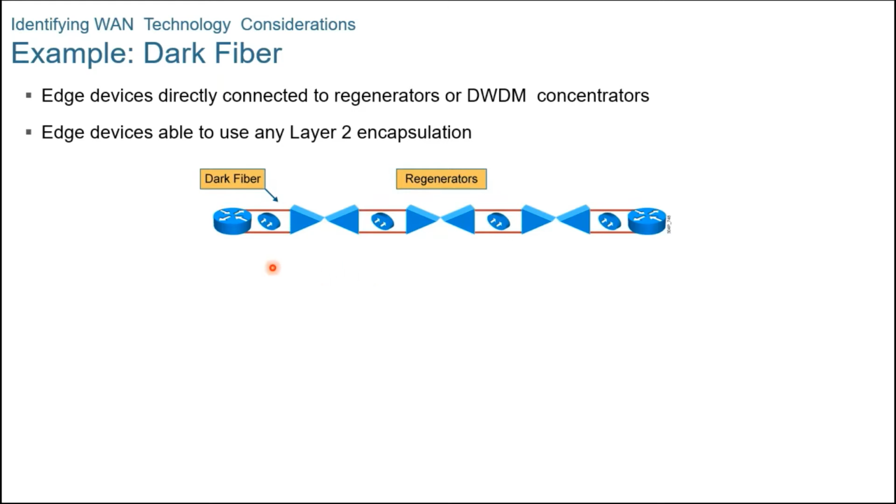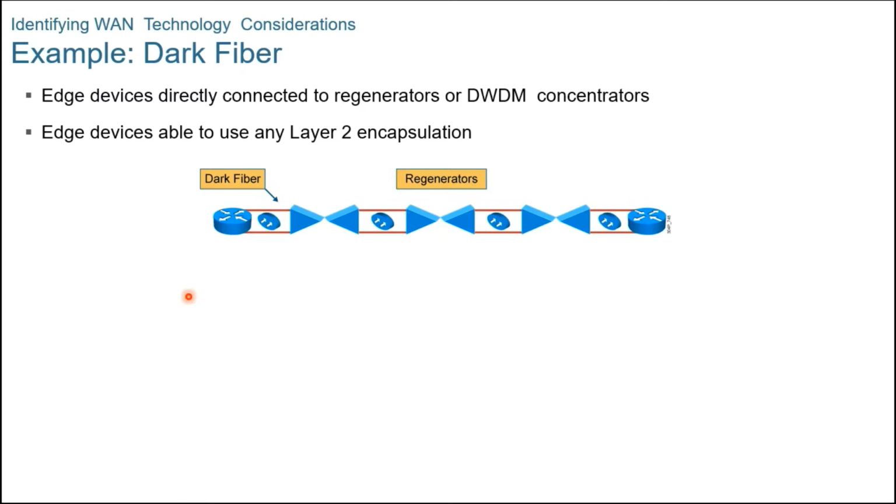As a result, the dark fiber connection eliminates the need for SONET SDH multiplexers, which are required in SONET SDH rings. Each edge device connects directly over the site-to-site dark fiber using a layer 2 encapsulation such as gigabit Ethernet.